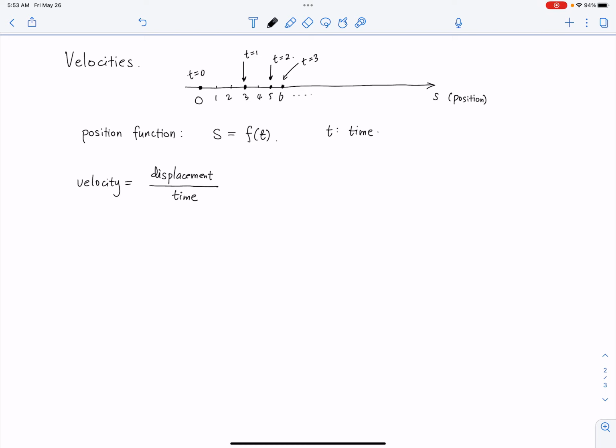But this is only an average velocity. This is the velocity during the first second or during the second second and so on. So it's only an average number. And you also have what we call an instantaneous velocity.